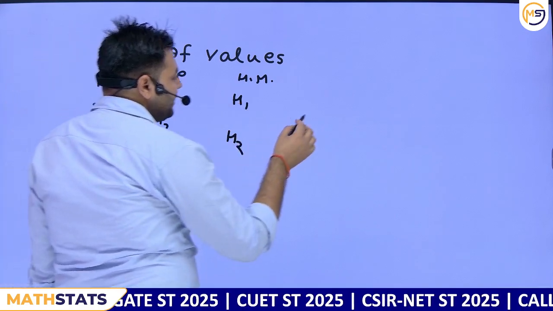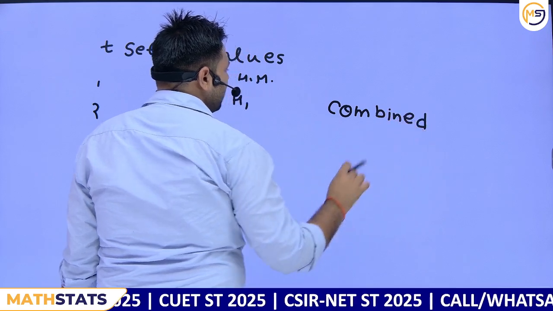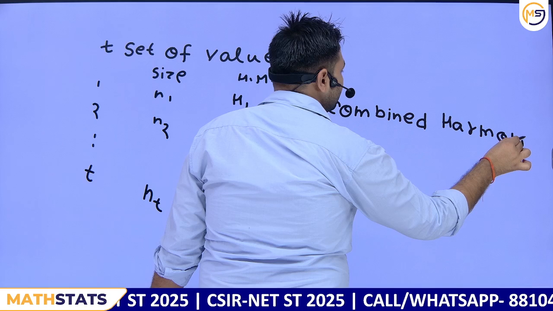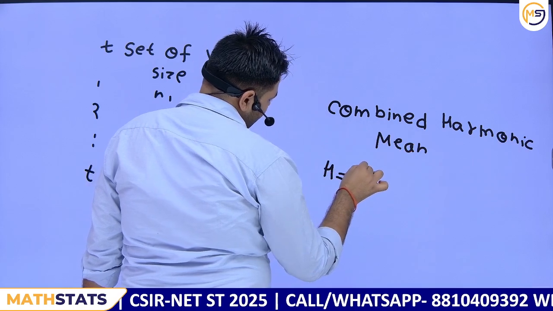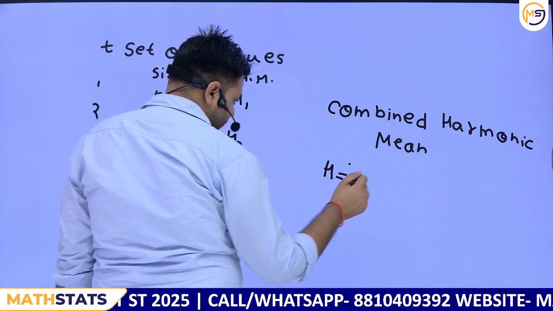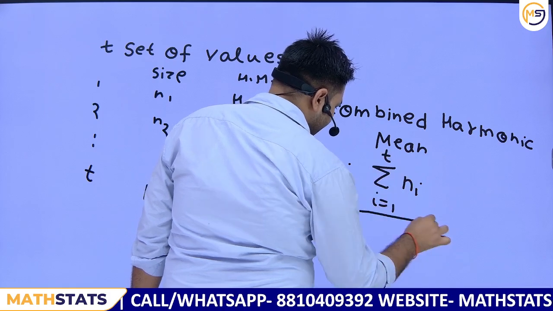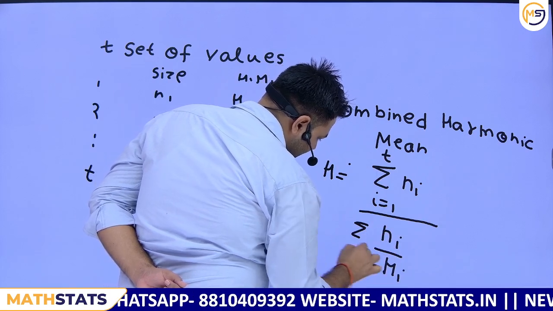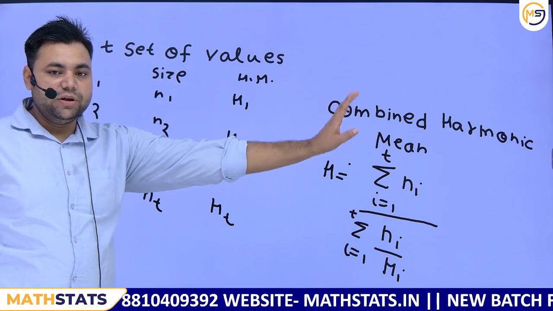So the combined harmonic mean H equals the summation of ni, i equals 1 to t, divided by the summation of ni by hi, i equals 1 to t. This is the pooled or combined harmonic mean.